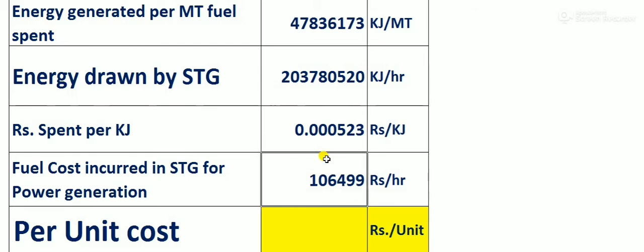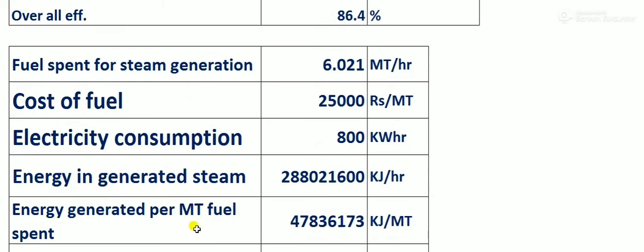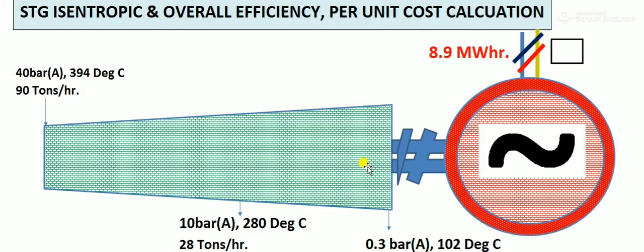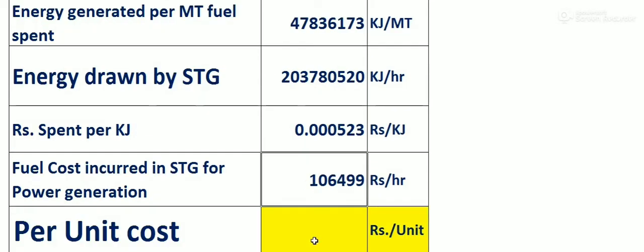We are consuming power, that is also there. So we are producing the steam and we are producing power of 8.9 megawatt, from which we can subtract this electric self consumption. So rupees per unit, right?